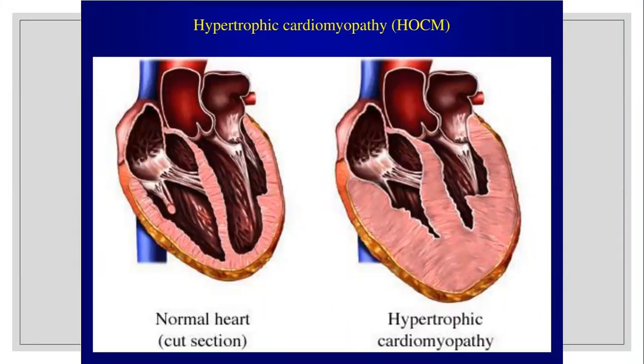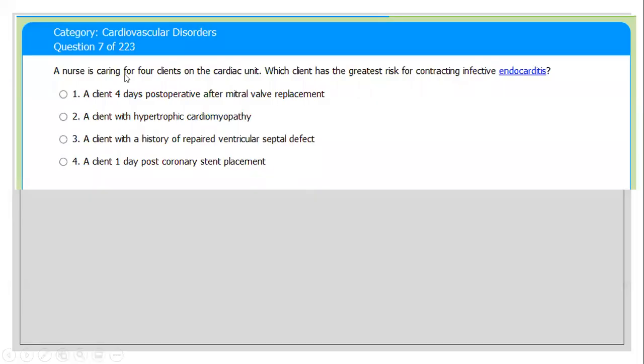Next question here. A nurse is caring for 4 clients on the cardiac unit. Which client has the greatest risk for contracting infective endocarditis?